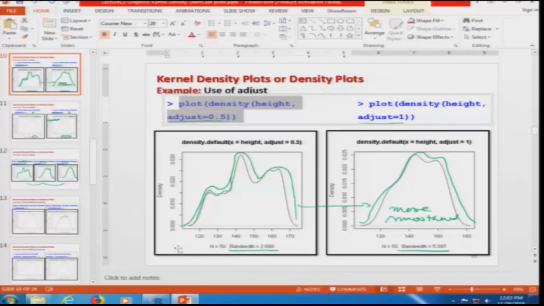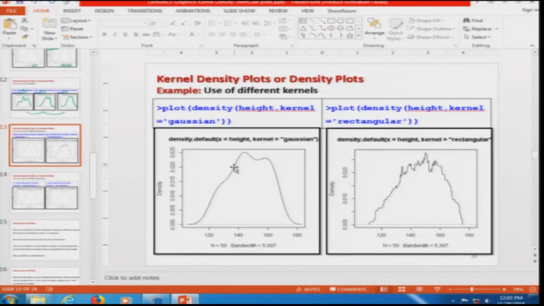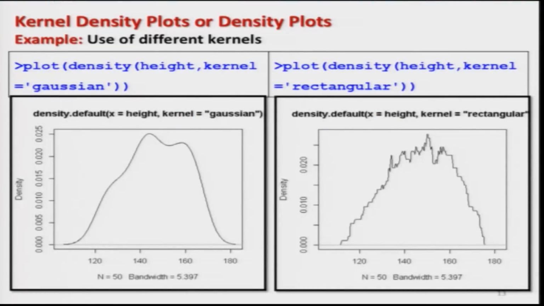Right. Now, let me address another feature of the kernel density plot, in case I use a different kernel function. You can see here on the left hand side I am creating a density plot using the Gaussian kernel, which is the default kernel, and for that I am giving the choice as kernel equal to, inside single quotes, 'gaussian'.